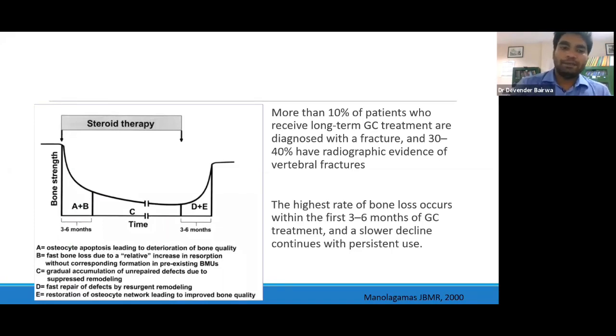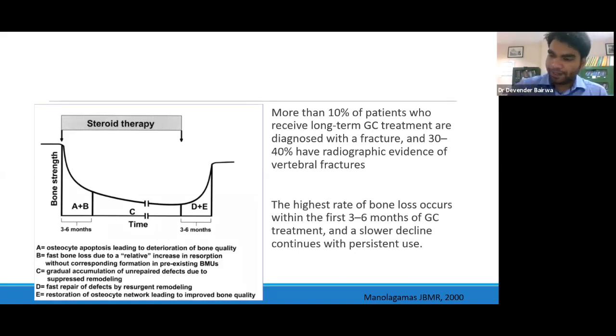So what does that mean? You remember, last time we were discussing that in adults, bone undergoes a process of remodeling where osteoclast-mediated bone resorption as well as osteoblast-mediated bone formation are going on simultaneously. So what happens when you provide steroid?